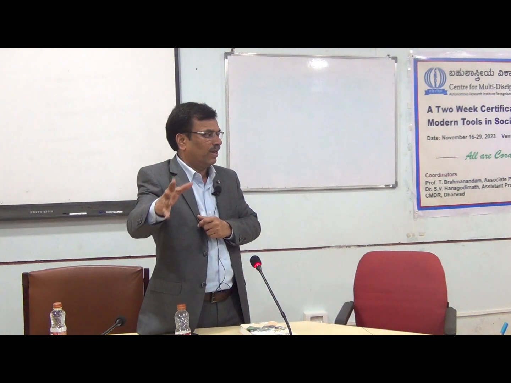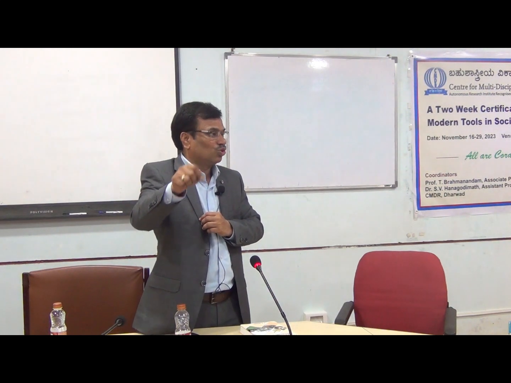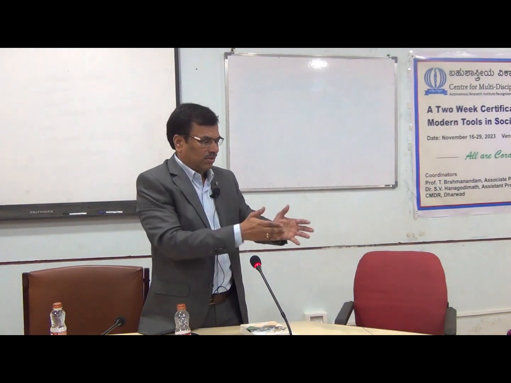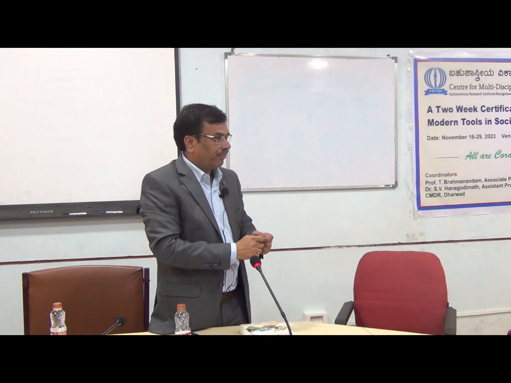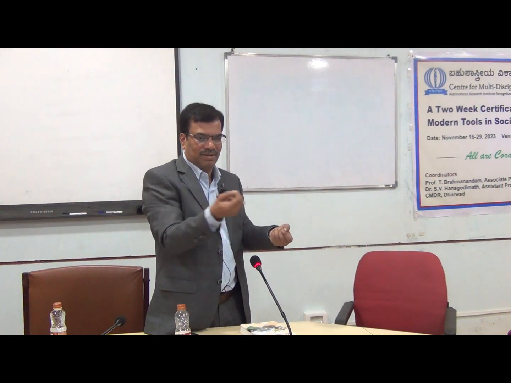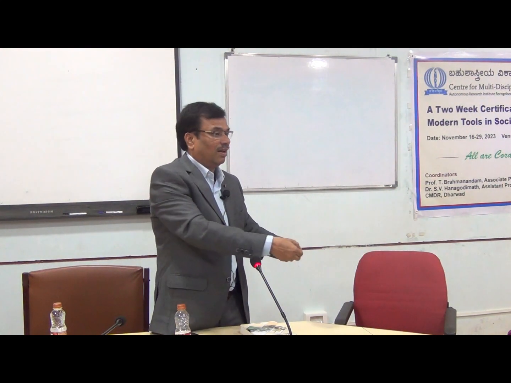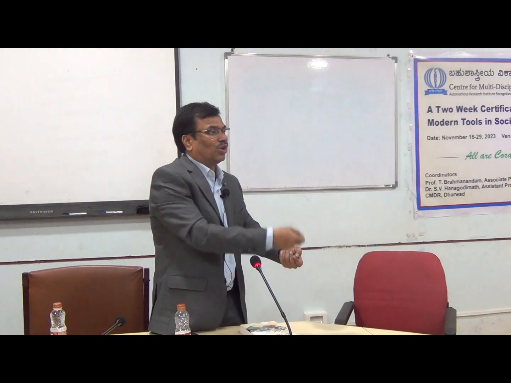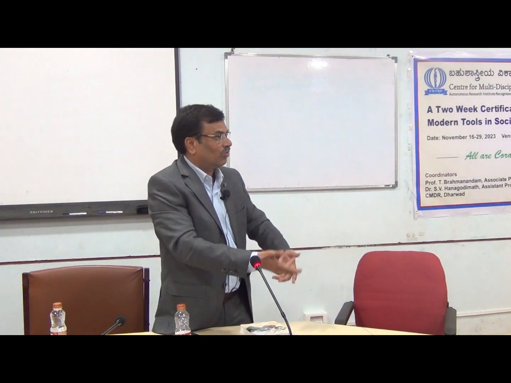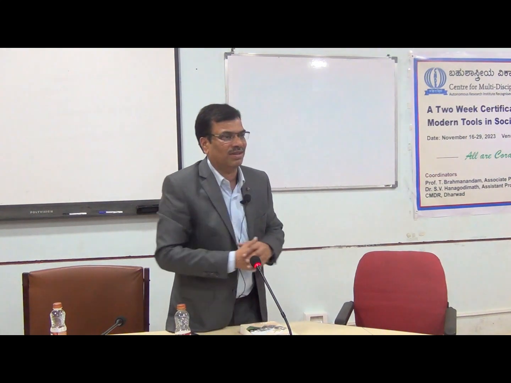Suppose, when it comes to wealth ranking or resource mapping or social mapping, I will come to that a little later. Somebody says this household has a TV. They'll put some notation, some star or something like that to denote the TV. If a household does not have a TV, others say, no, this household does not have a TV, why are you telling that it has a TV?